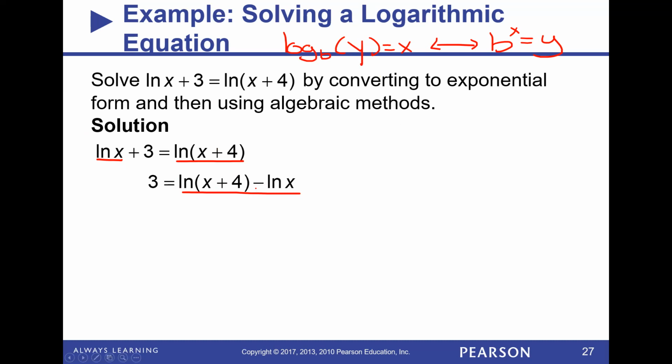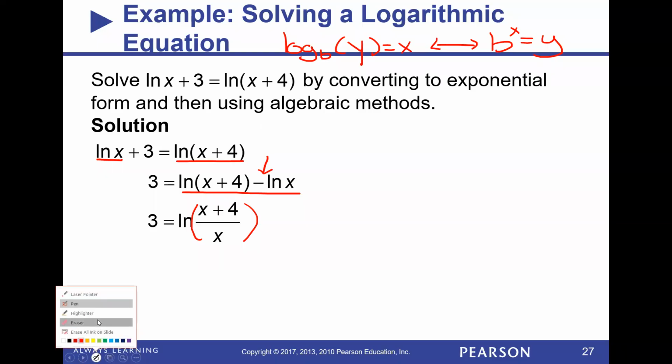I wonder if there was a way for me to take 2 different logs and combine them into one. Wasn't there a way that if I had a minus sign between logs, I'm able to combine them into one log? Well, yeah. That would be where it would be 3 equals the natural log of X plus 4 all over X. Again, I'm using my quotient rule there, and I can use that very nicely.